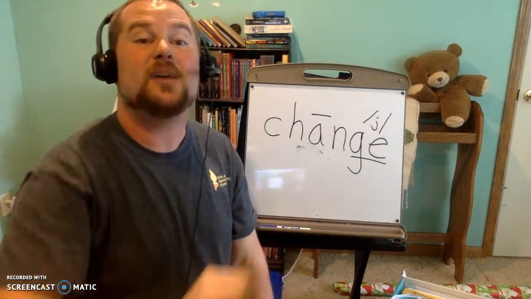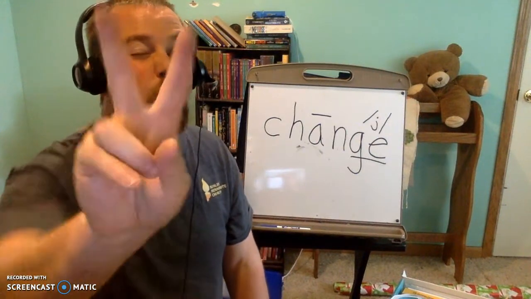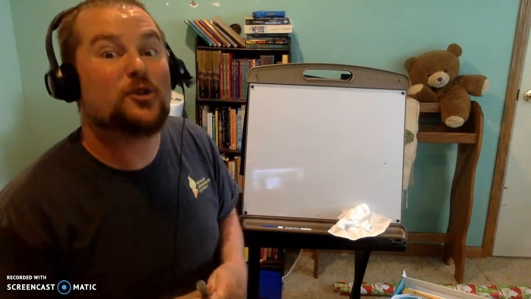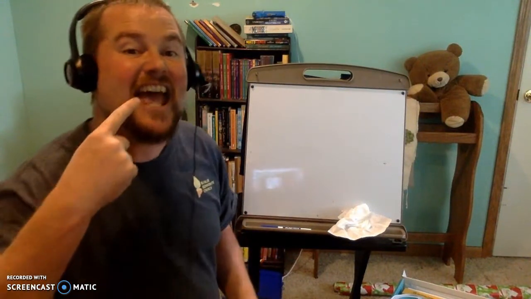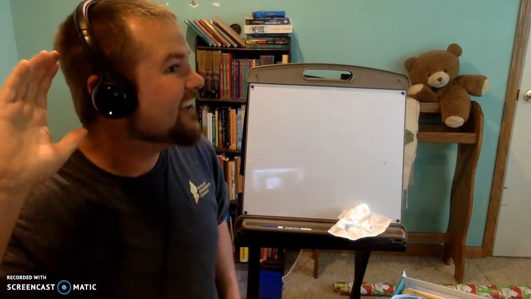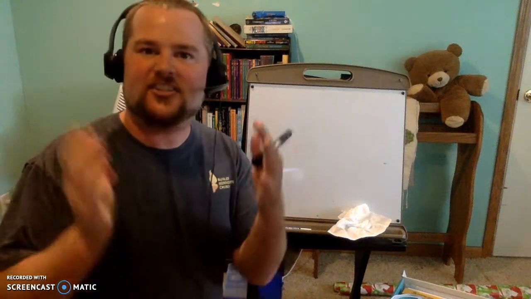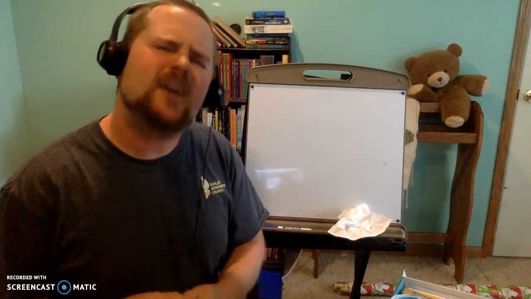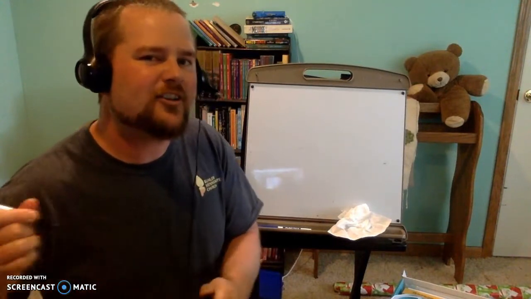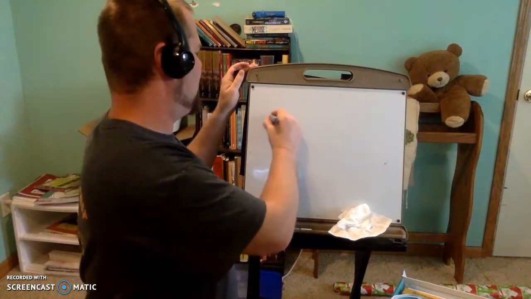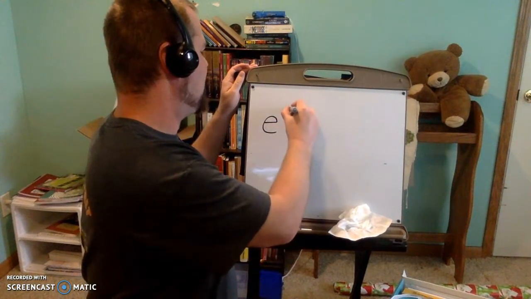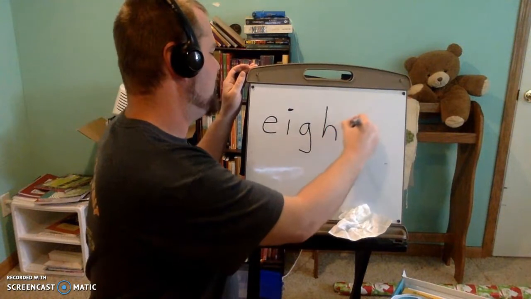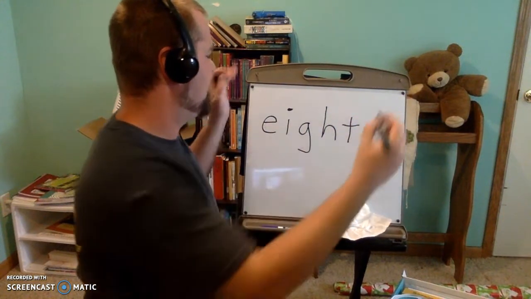All right, awesome. Now it will be time for trick word number 2. Trick word number 2 is eight. This isn't eight like I ate the pizza. This is eight like the number 8. And here's how it's spelled. E-I-G-H-T.